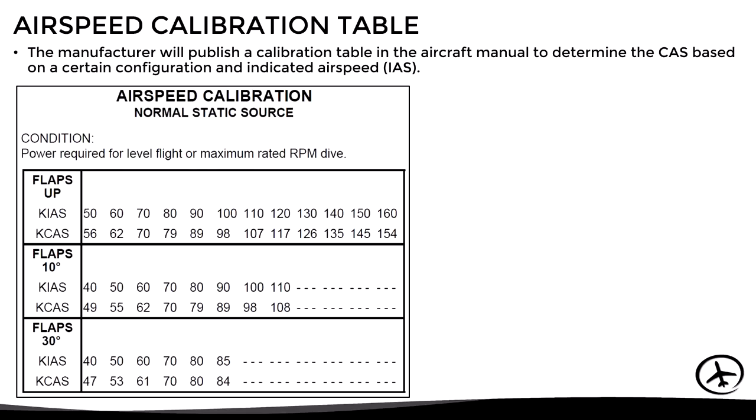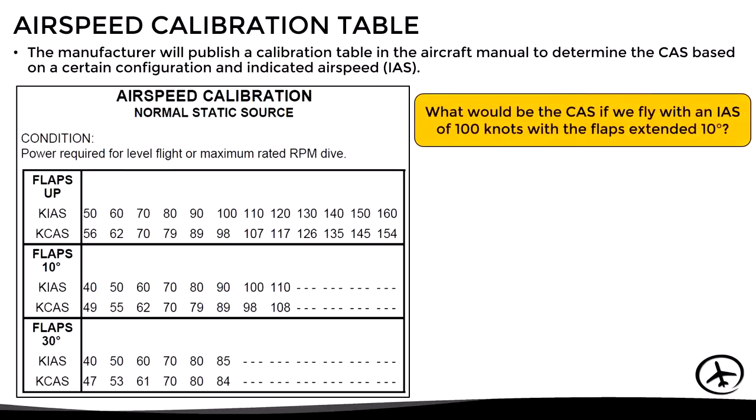In this example, this is an airspeed calibration table for a Cessna 172. Now, let's suppose for example that we want to know what would be the calibrated airspeed if we fly with an indicated airspeed of 100 knots, with the flaps extended to 10 degrees. In this case we have to refer to the row of flaps 10 degrees, and we can see that we have both the indicated and calibrated airspeeds.